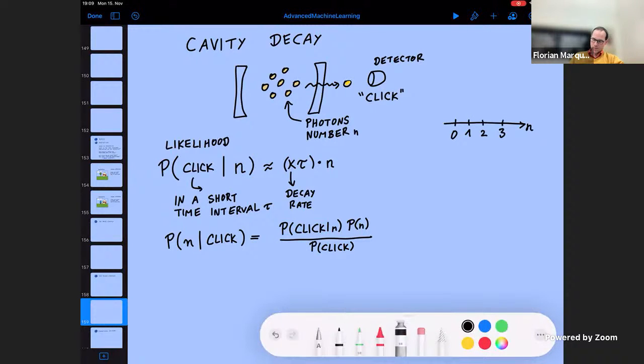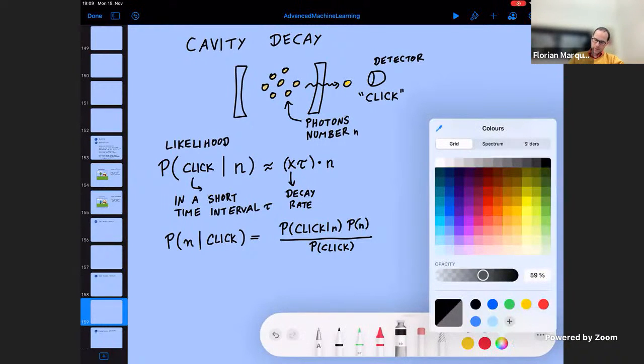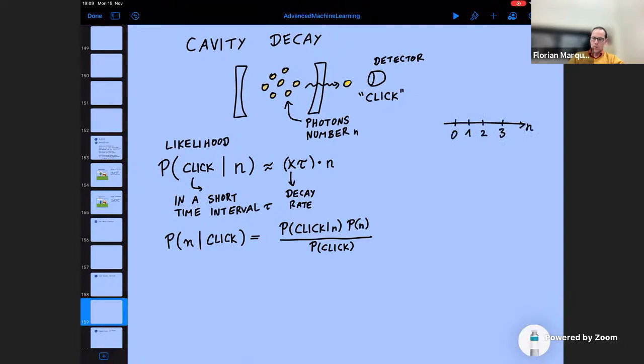And let me plot this. Maybe it's mostly 0 photons. So this is a cavity which to a high probability is empty. But there is also a small probability to have 1, 2, or 3 photons. Okay. So this is the prior distribution.